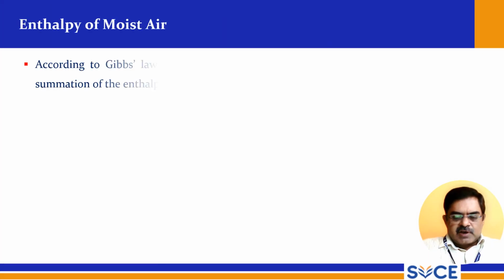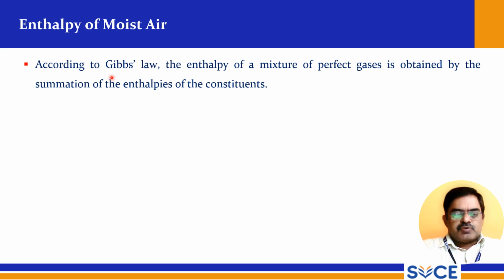So enthalpy of moist air, according to Gibbs law, the enthalpy of a mixture of perfect gases is obtained by the summation of the enthalpies of constituents. So whatever is the constituents which forms the entire mixture, we have to consider the enthalpy of all those constituents.